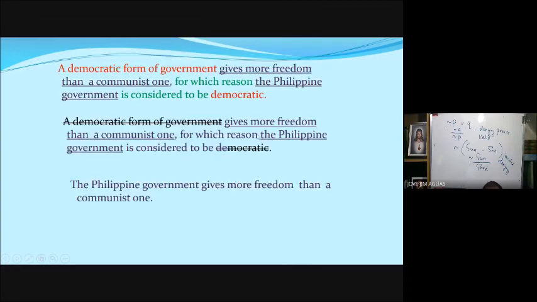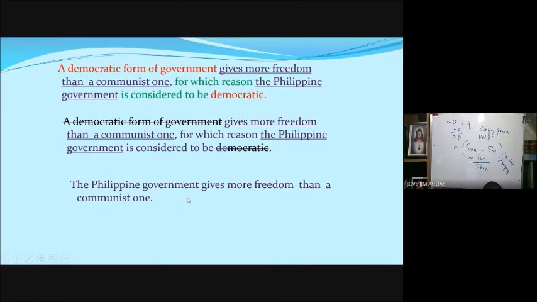So here we have arrived that the Philippine government gives more freedom than the communist one is the implied statement. Now, how do we know if this statement is a premise or conclusion?